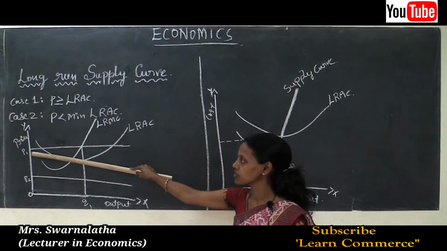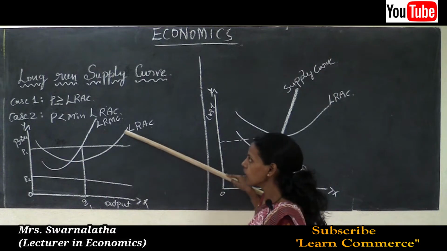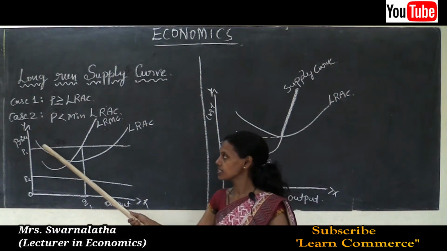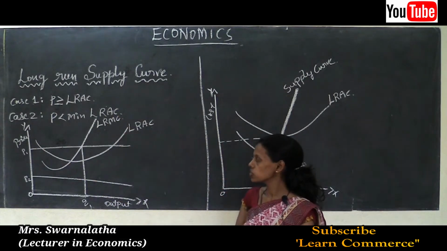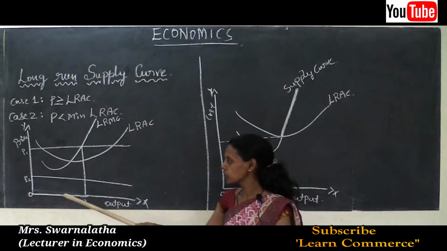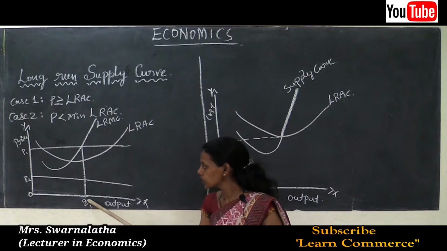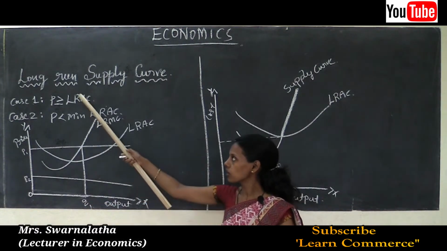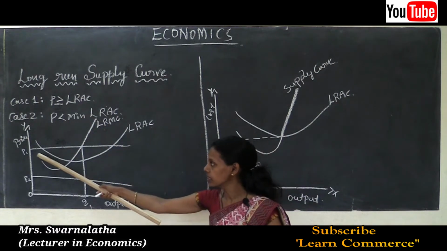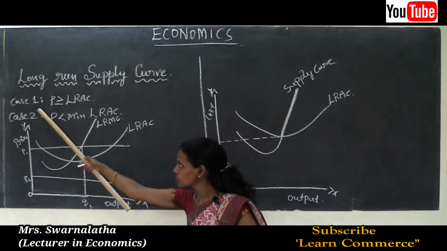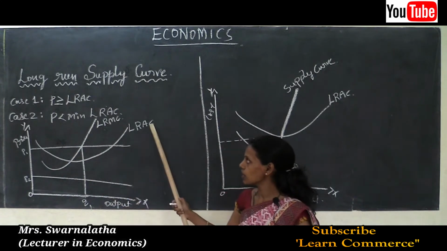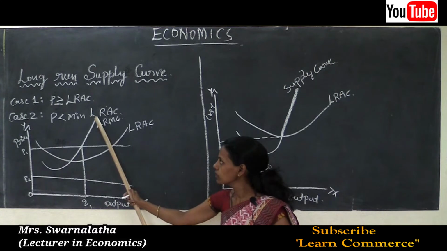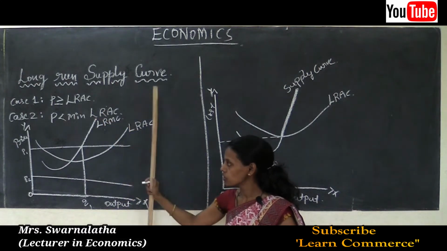Here you can see the two conditions. Case 1 is that price must be greater than long run average cost. Here the price line lies above the long run average cost. Thus, at the Q1 level of output, profit maximization can be seen, because both conditions are fulfilled: price must be greater than or equal to long run average cost, and price must be less than minimum average cost.